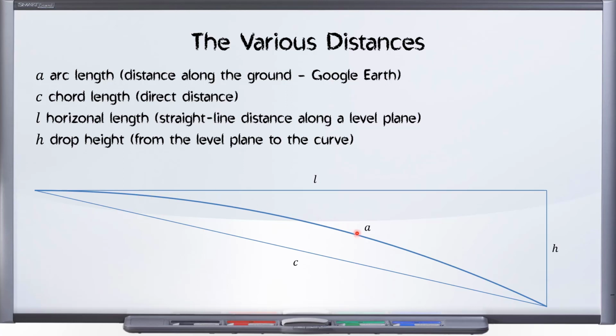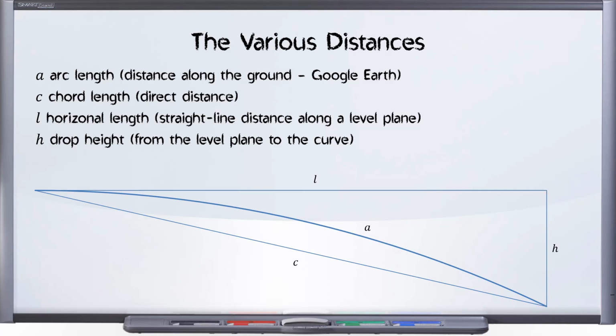This curve is a section of the spherical Earth. Over here, we have the value that we will be looking for, which is the drop height. So I'm using H for drop height. This is the amount of distance that is different between if the Earth was flat across the top and if the Earth were curved along this line.